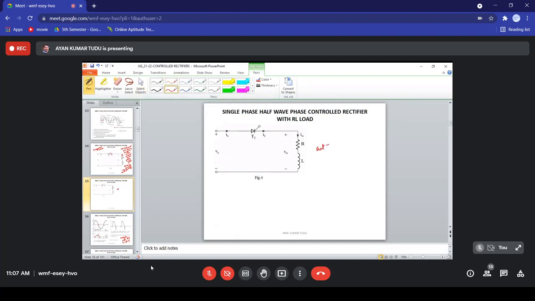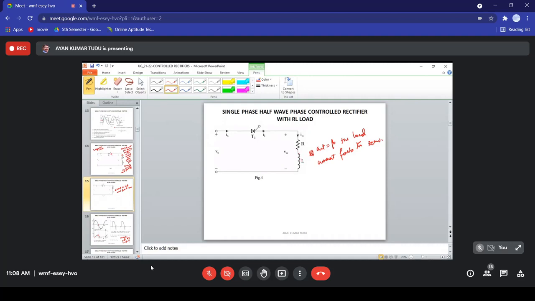At omega t equal to beta, the load current falls to 0. So one thing is clear, that the thyristor T1 will continue to conduct the load current until all the inductive energy stored in the load inductor is completely utilized.